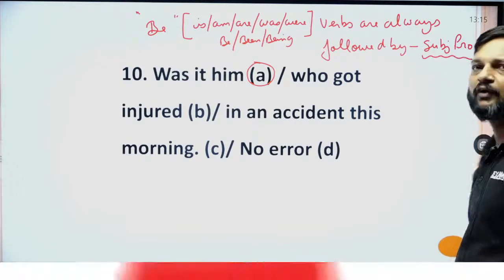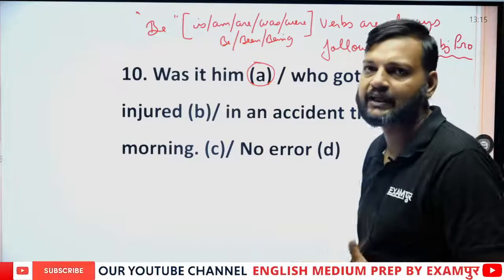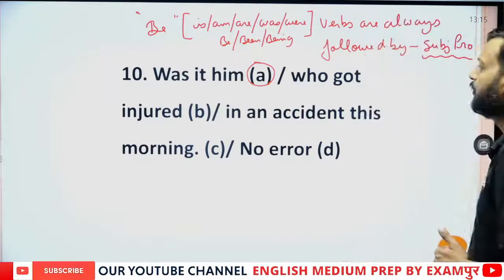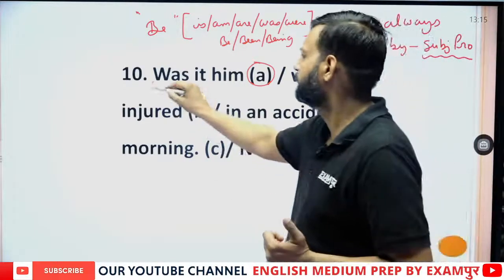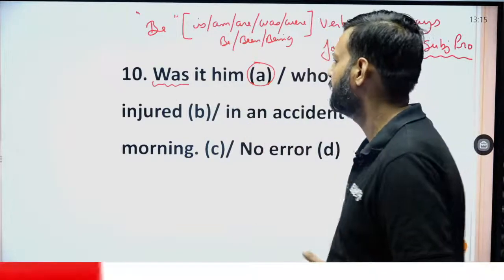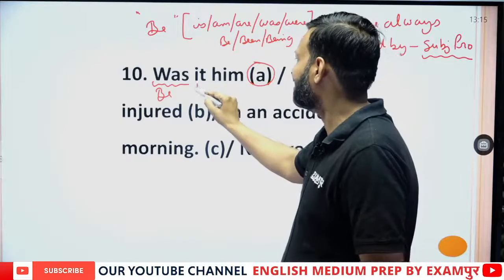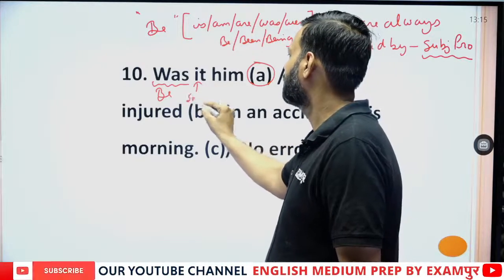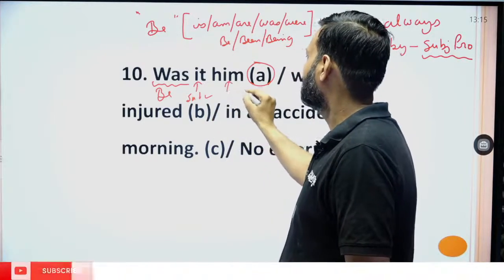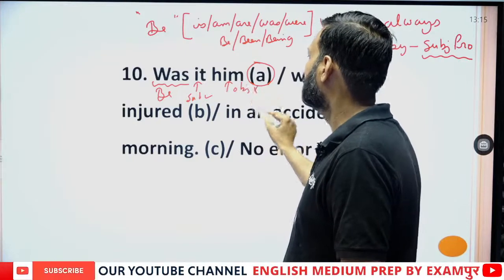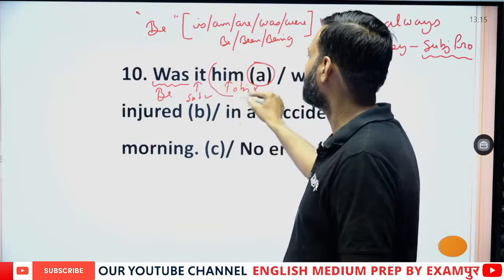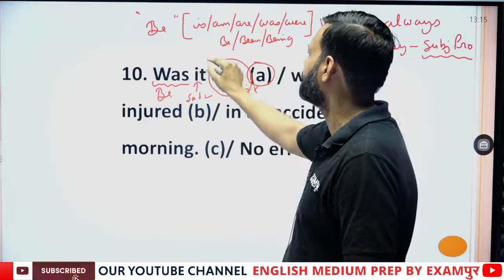So here we have a be verb, and after the be verb we need a subjective pronoun. So it is subjective, but him is objective, which is wrong. In place of the objective pronoun we need the subjective pronoun, which is he.